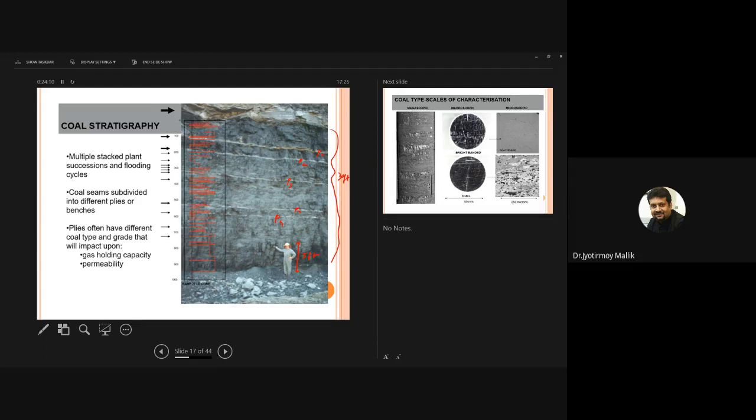Coal was not being deposited whenever those partings were being deposited. So those essentially mark maximum flooding surfaces. Okay? Why do they mark maximum flooding surfaces?